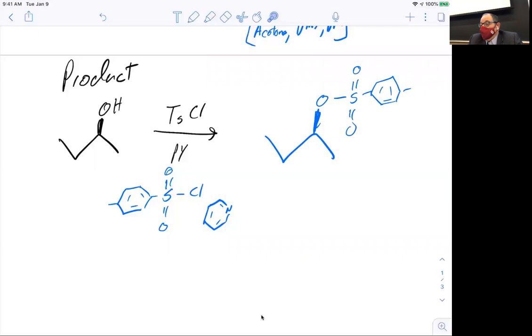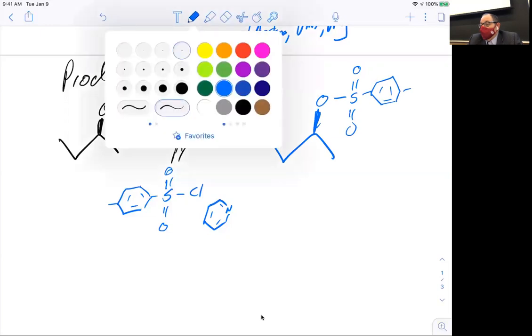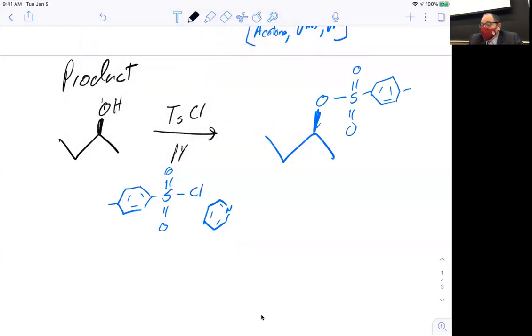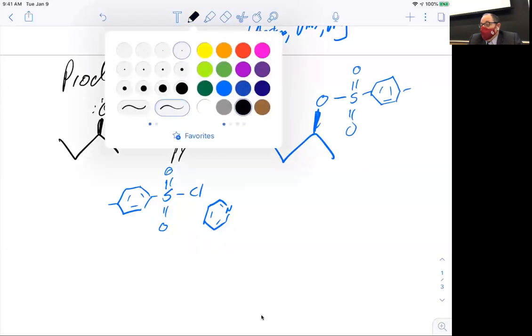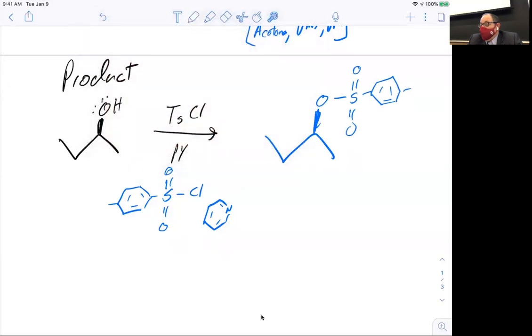Now, the thing to notice here is what is doing the attack. We'll go back over here and put our electrons. Are we going from oxygen to sulfur, or are we going from sulfur to oxygen?